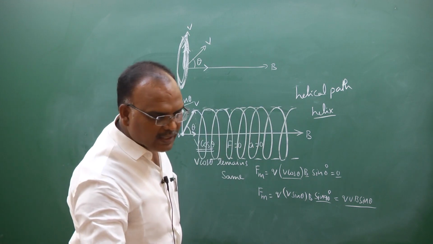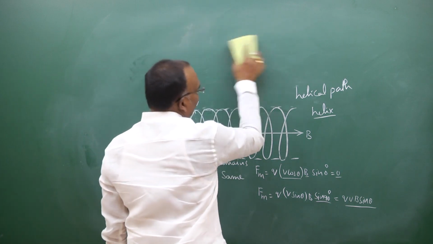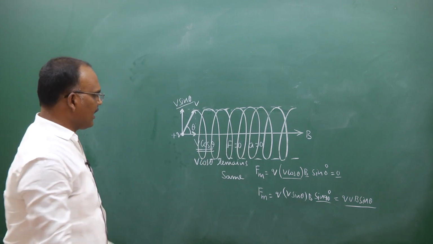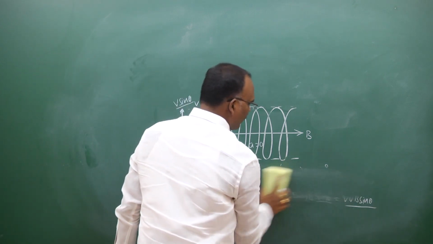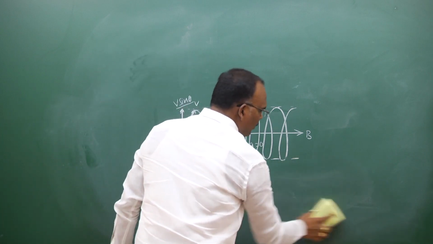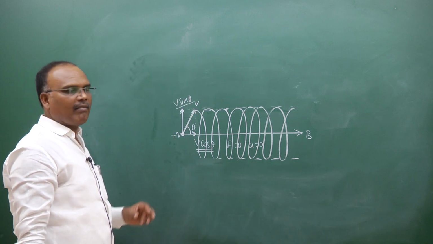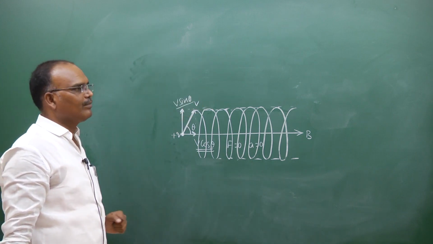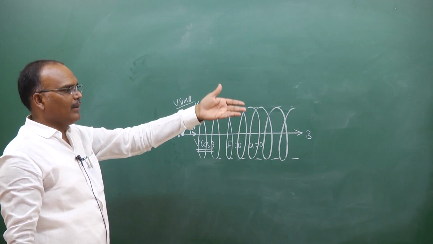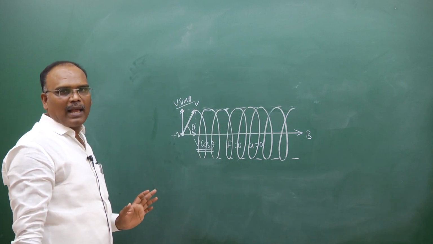When a charged particle is moving in a helical path, we have to answer so many questions. We will answer those one after the other. And one more important thing I would like to explain here. Whatever the angle of projection, when I project with zero angle, force is zero, acceleration is zero, velocity remains the same, and the particle traces a straight line path.